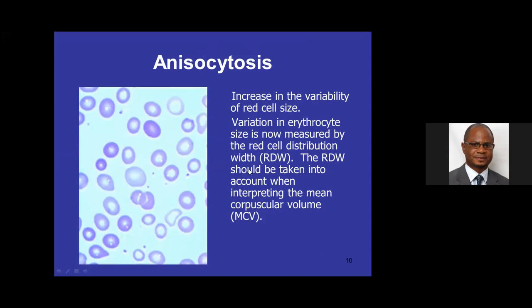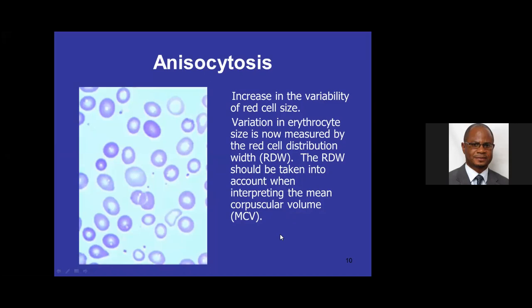So variation in erythrocyte size is now measured by the red cell distribution width. When you do a full blood count on the analyzer, RDW is what measures the anisocytosis. So the RDW should be taken into account when interpreting the mean corpuscular volume, the MCV. In this situation, I want you to think about how the MCV will look.